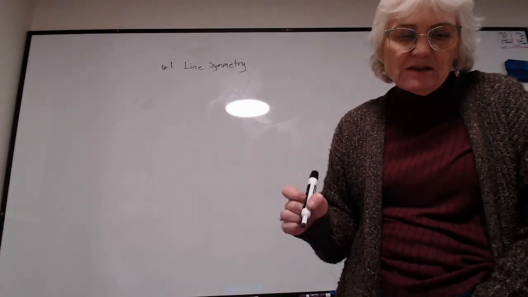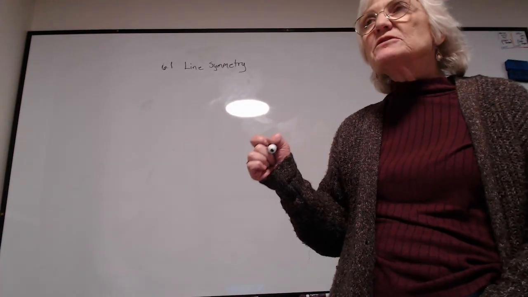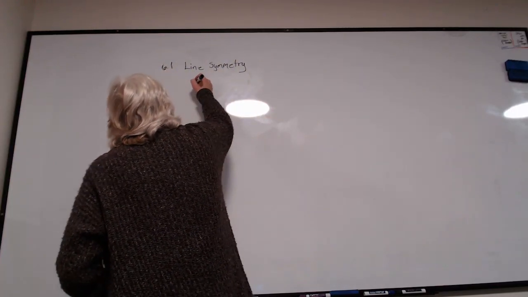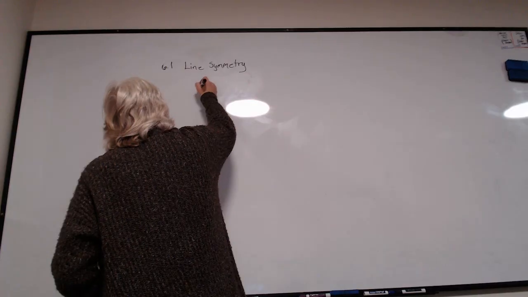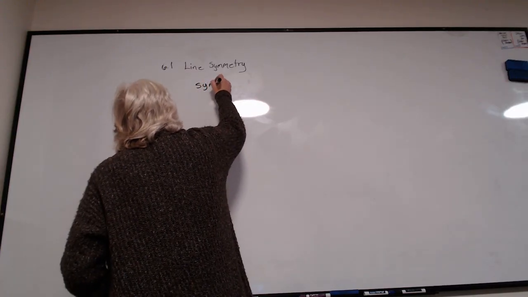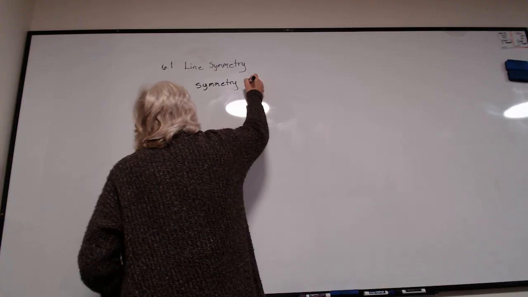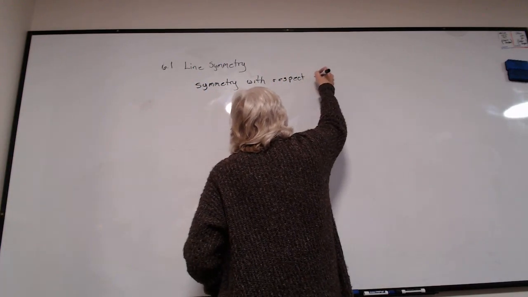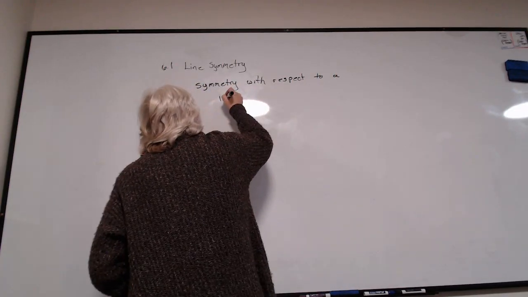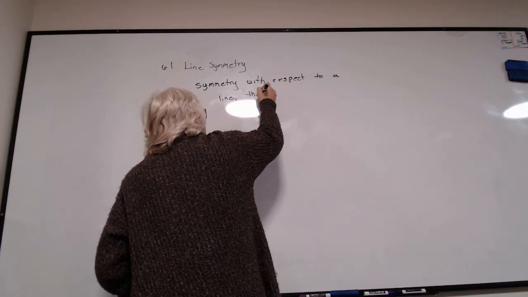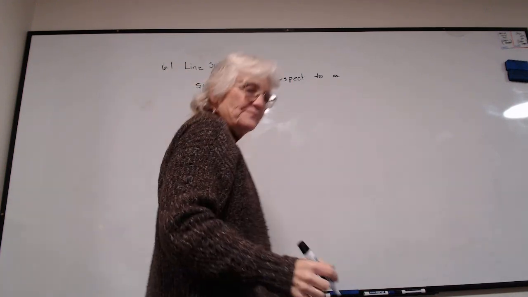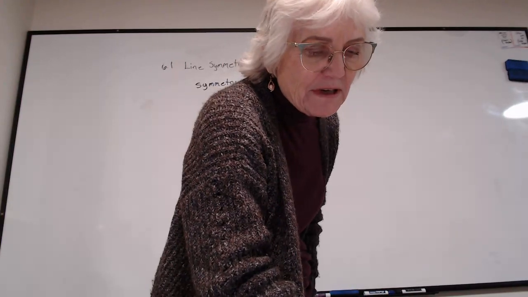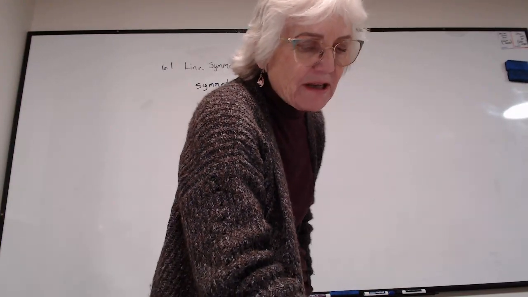So basically, let's start with symmetric with respect to a line. Okay, so this is a definition: if something is symmetric with respect to a line, then the line is the perpendicular bisector of the segment connecting the 2 points.